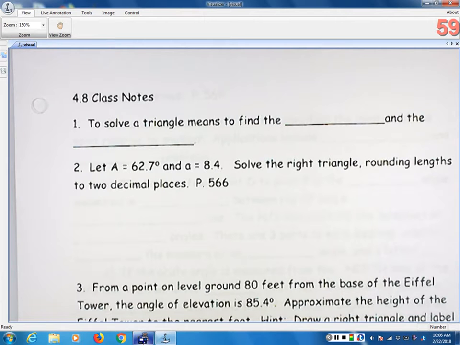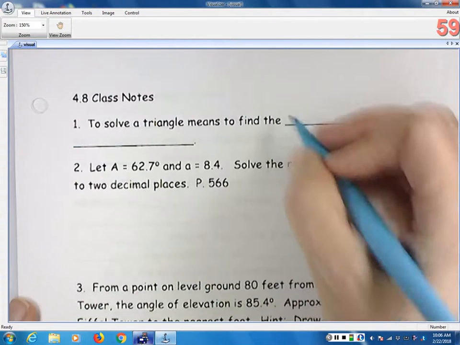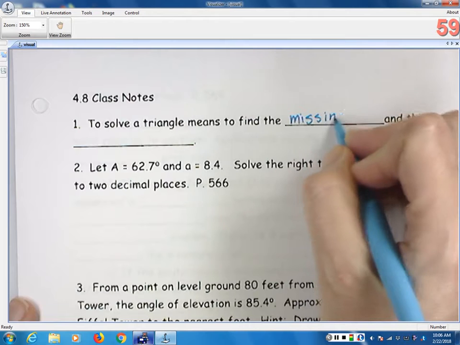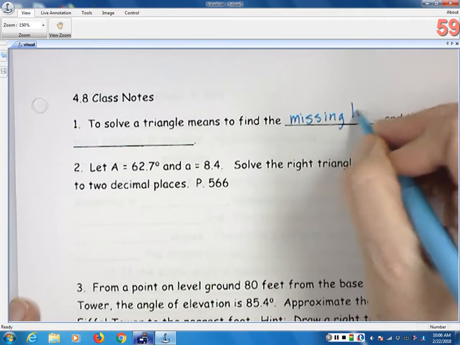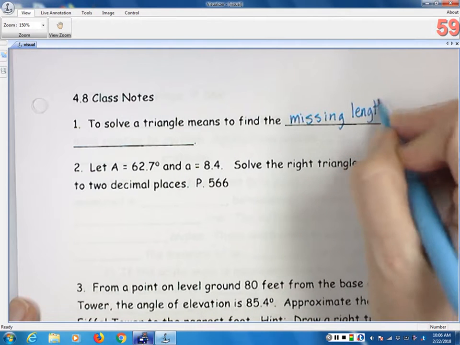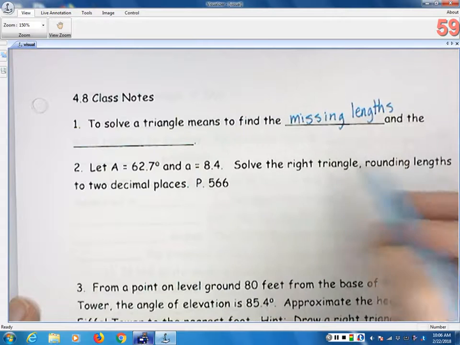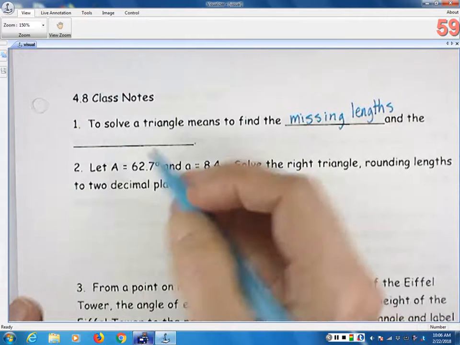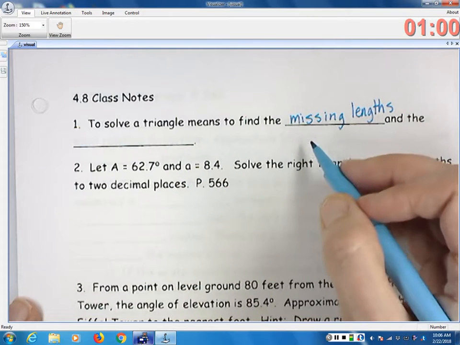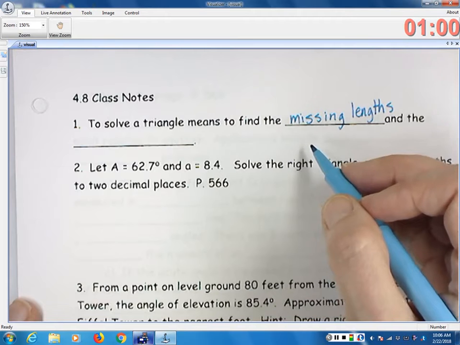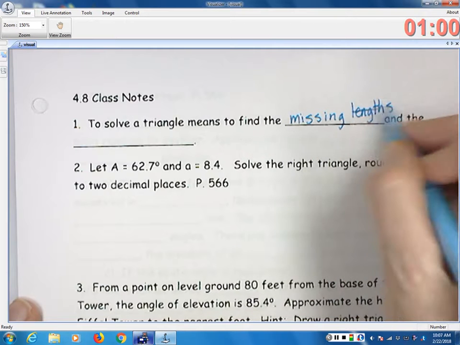So you're going to be doing this stuff when we solve triangles. To solve a triangle means to find the missing lengths, all the lengths of the sides, and the missing angles.